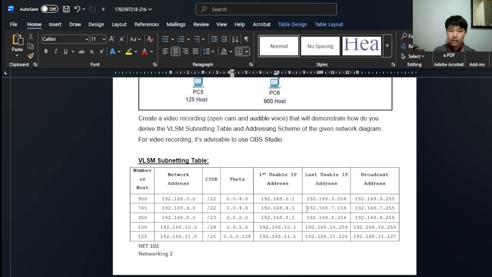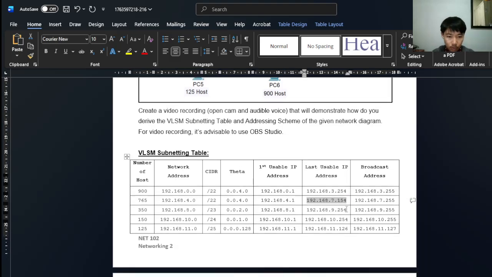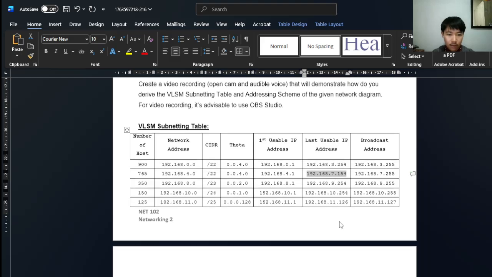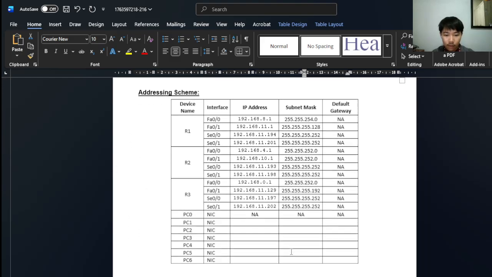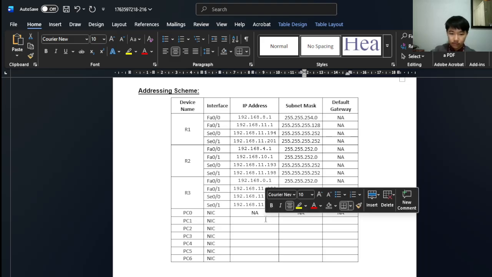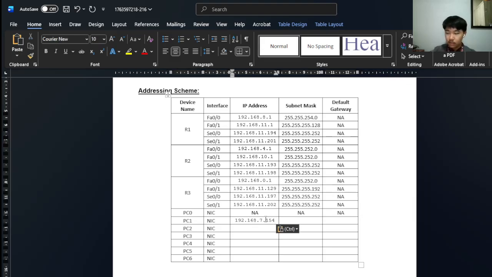So here on the 765 host is 192.168.7.154. So the same pattern as on the router.